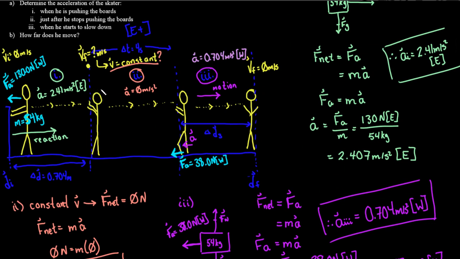He then travels at a constant velocity for the next 4 seconds before some acceleration starts to slow him down. So we also actually know at this point what his initial velocity is. His initial velocity is that average velocity or that final velocity of the first portion that we solved for. So we do know 3 variables, and we're looking for the fourth, which is that displacement. So again, notice we have the exact same variables that we had in that first situation. We have initial velocity, we have acceleration, we have final velocity. This time we're just looking for the displacement.